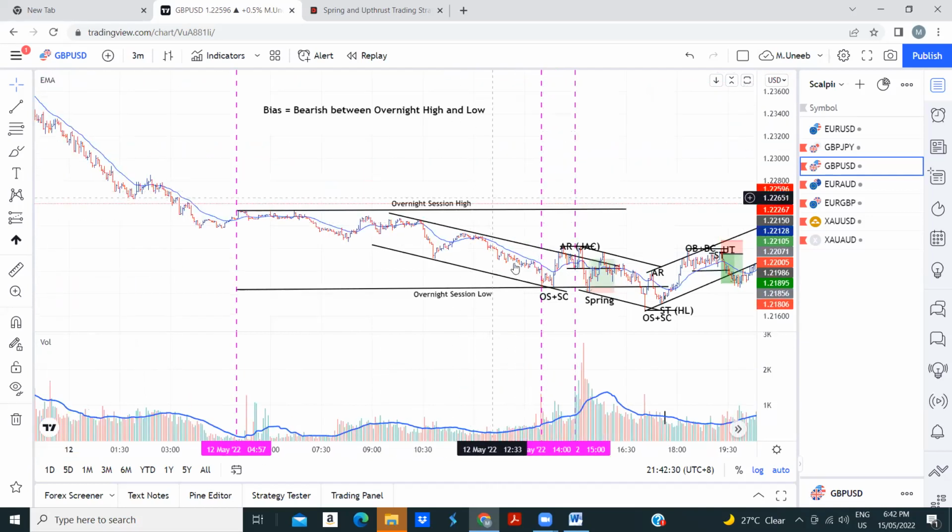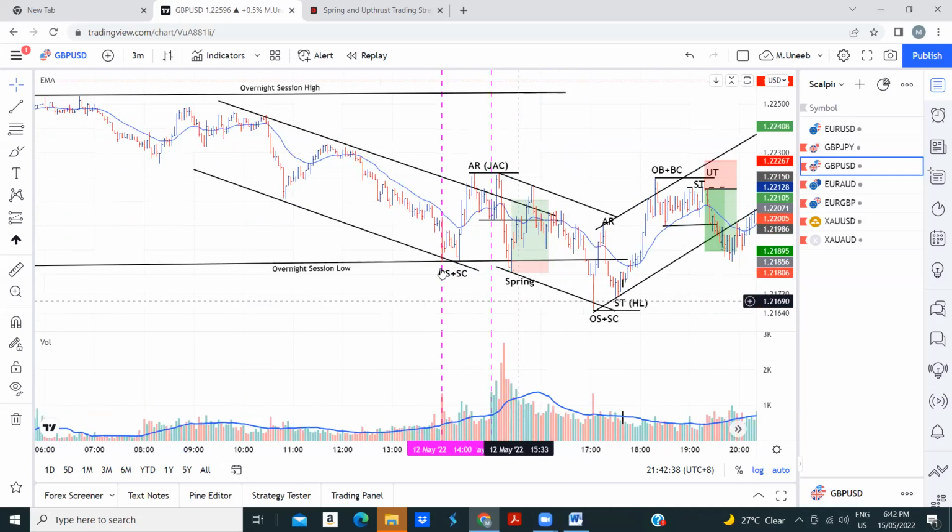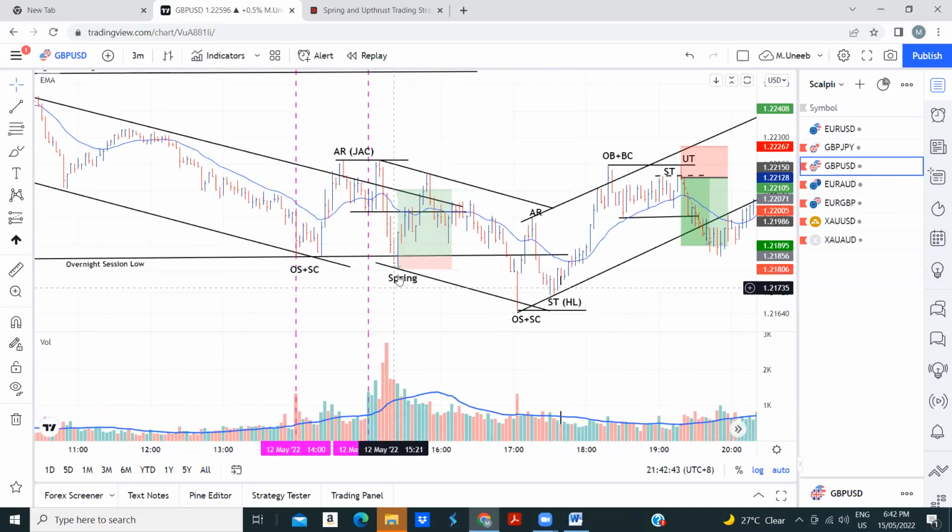So when the price is between the overnight session high and low, we can say that the bias is bearish here. But once the price is at the overnight session low, we observed oversold and a selling climax just before London Open. London Open was here. So we can say that the bias at the overnight session low is what? Bullish.